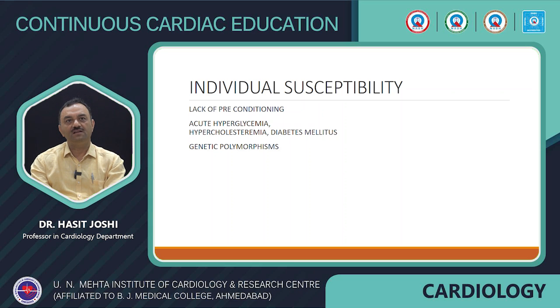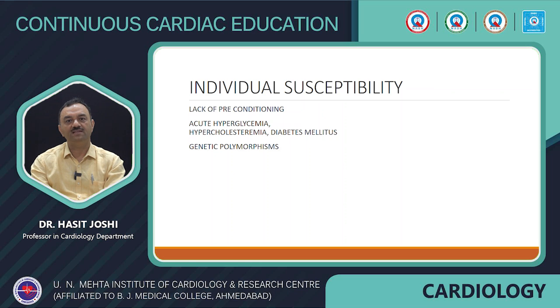The traditional risk factors, that is diabetes and acute hyperglycemia, hypercholesterolemia and hypertension, smoking, these are not only risk factors for large epicardial coronary atherosclerosis, but similar changes occur in small vessels, which are more susceptible to CMVO in the presence of these.